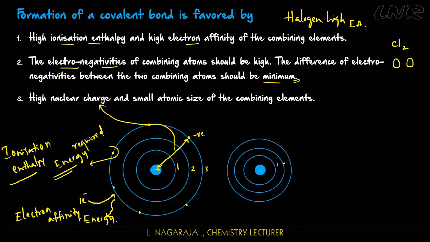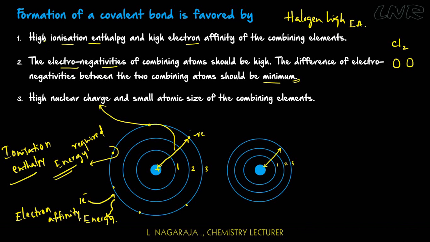That is, first energy level, second energy level, and third energy level. If the attraction between the electrons and the positive part in the nucleus is more, in that case the size of the atom decreases, right? If the atomic size decreases, those atoms are favorable for the formation of covalent bonds.